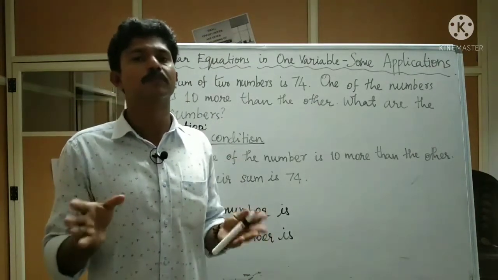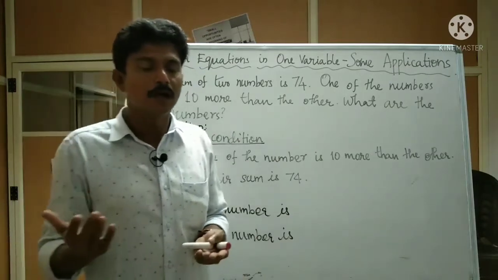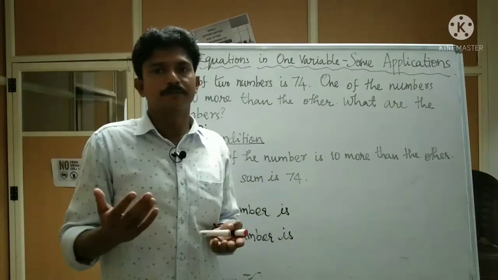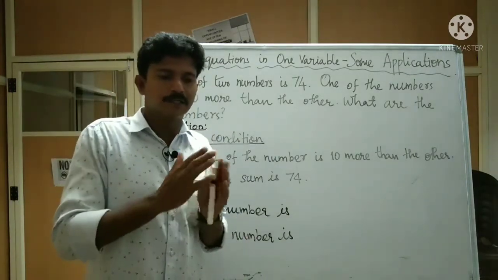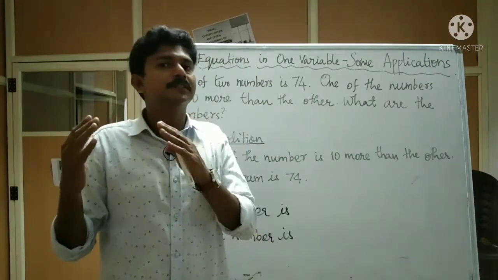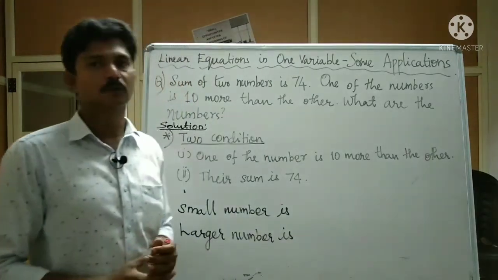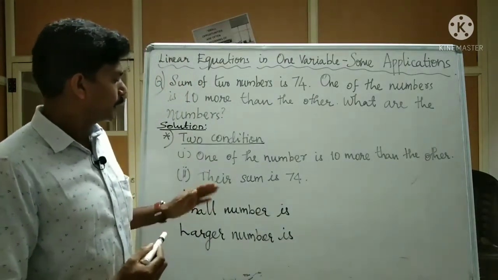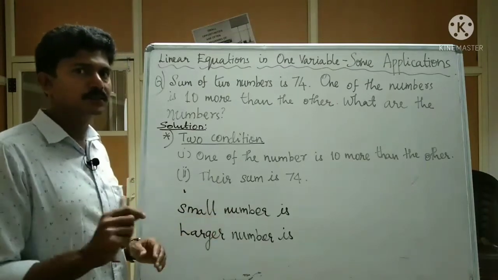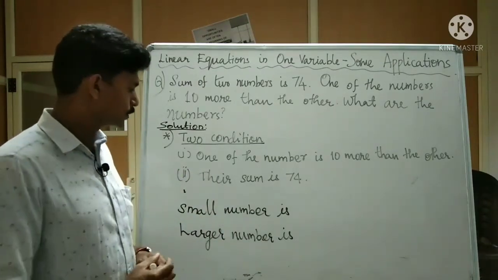So we have two numbers, one smaller and one larger. The larger number is 10 more than the smaller number. So let us complete the first condition. We need two numbers.